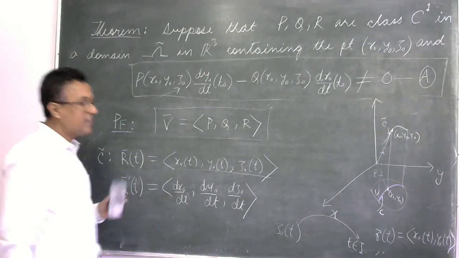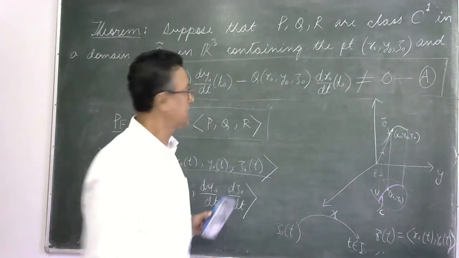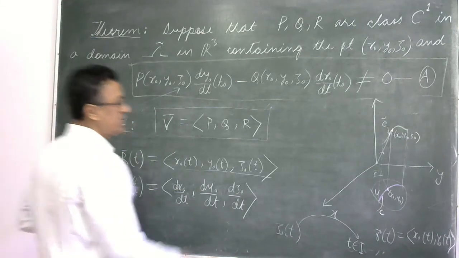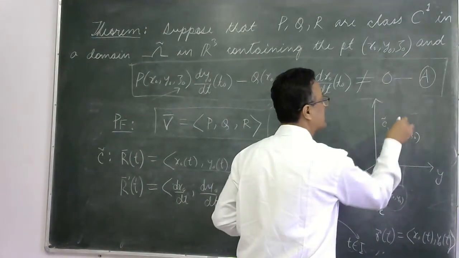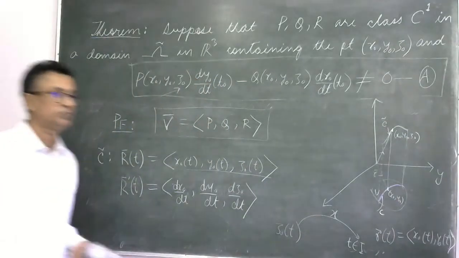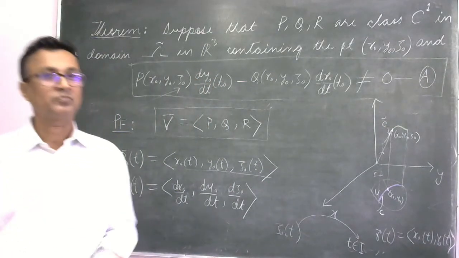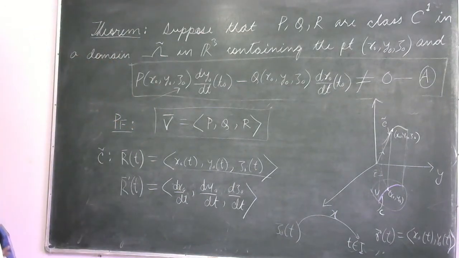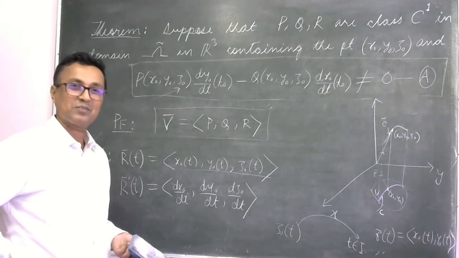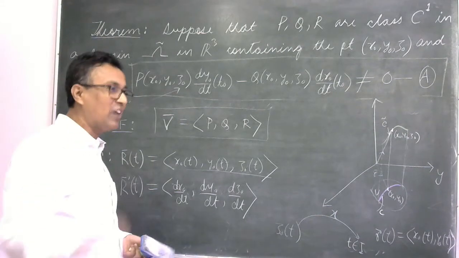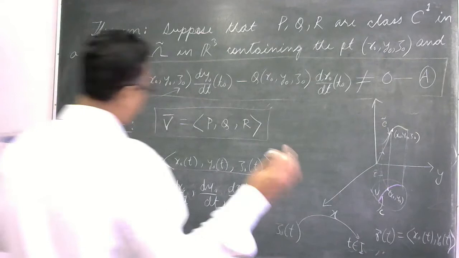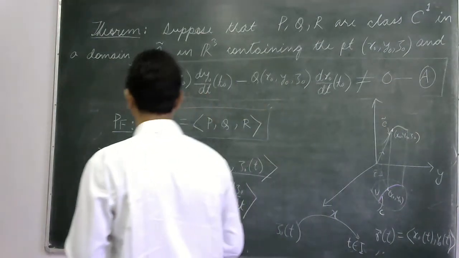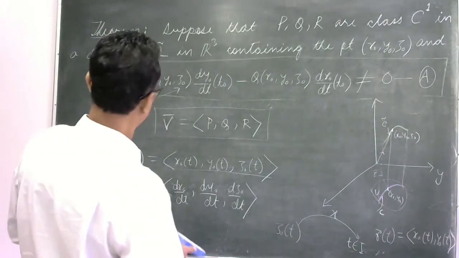Now I am telling you that this vector v is not a tangent at the point x naught, y naught, z naught under the prescribed condition. Can you tell me why? Once I do it, everybody is going to heave a sigh, because you will say, oh my god, it was so easy.